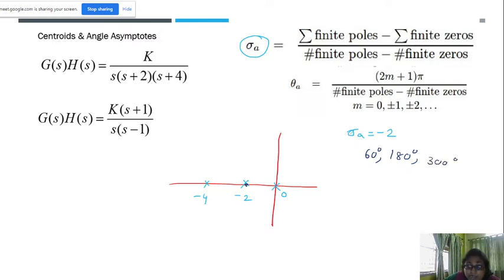So here I will draw 60 degree, anti-clockwise. Then 180 degree, and the third one will be 300 degree.